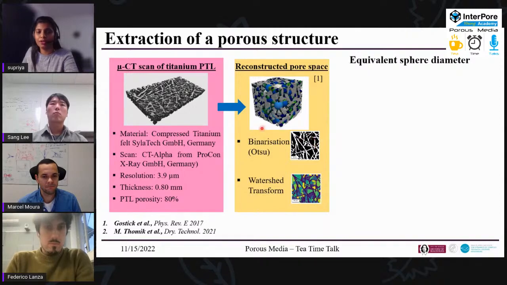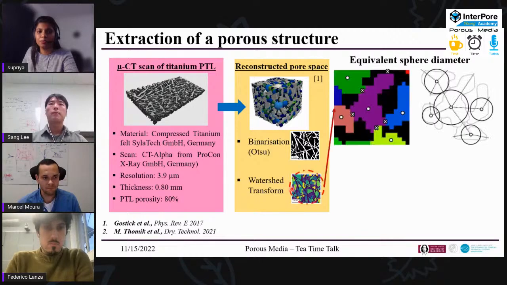So once we have this differentiation between the solids and the pore space, we then go for the watershed transform, which we do with our in-house code, but it is also possible with software such as ImageJ. Here basically we inscribe a sphere into the pore spaces and try to find the size of the pore space.